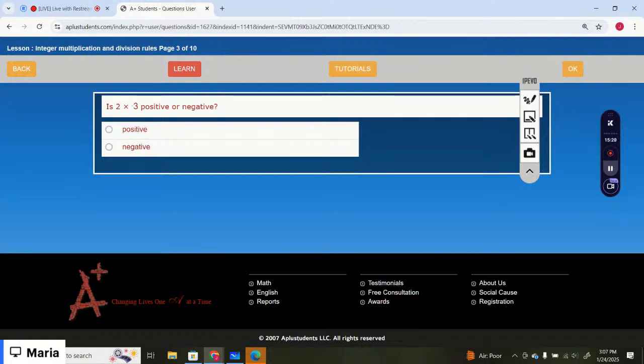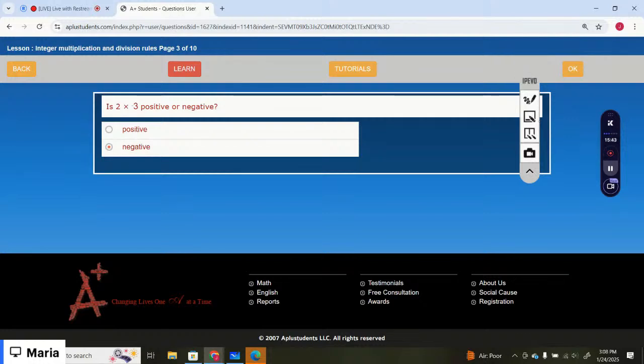Is 2 times negative 3 positive or negative? Both the numbers have different signs, so the answer is negative. If the numbers have different signs, the answer is negative.